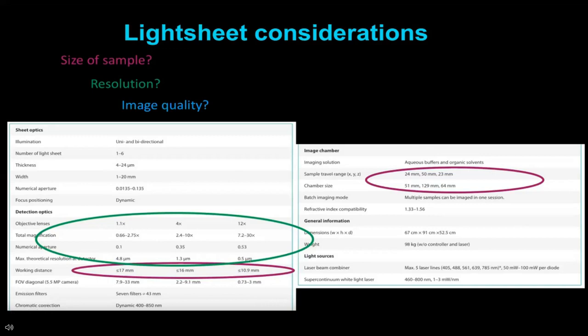The image quality: here you want to look at how many light sheets you can get. So 6, this would be 3 from each side. Then your thickness, this is your light sheet thickness. We usually use 5 microns.